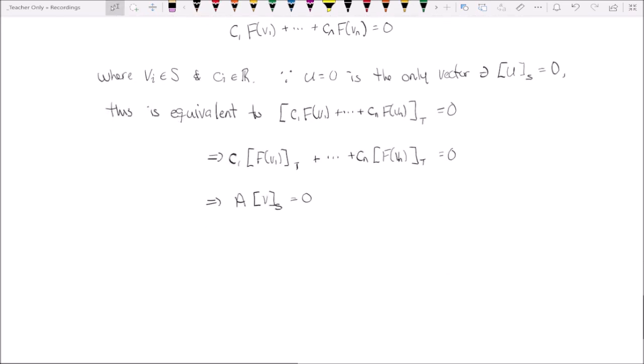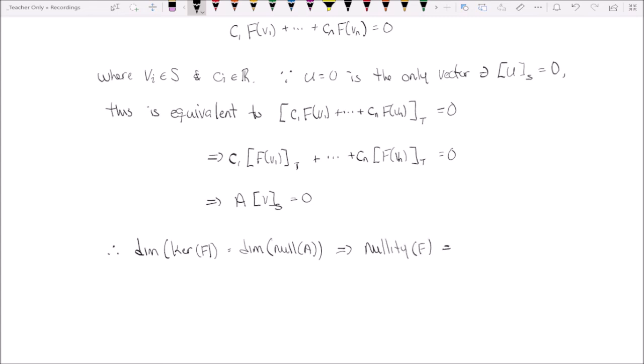This allows us to conclude that the dimension of the kernel of F is equal to the dimension of the null space of A. And remember, the dimension of the kernel is the nullity.